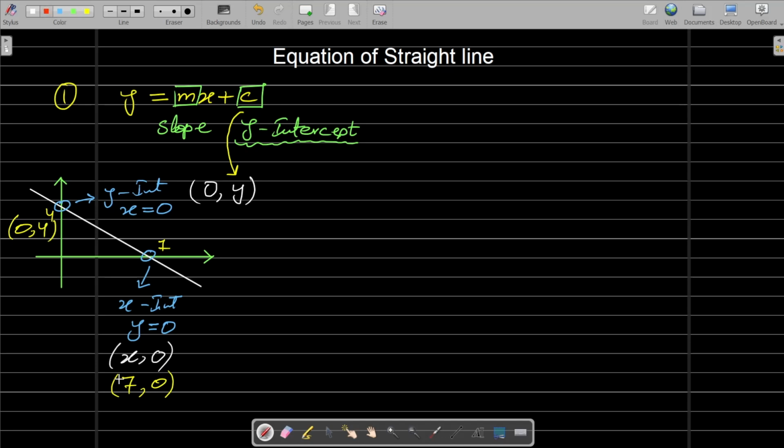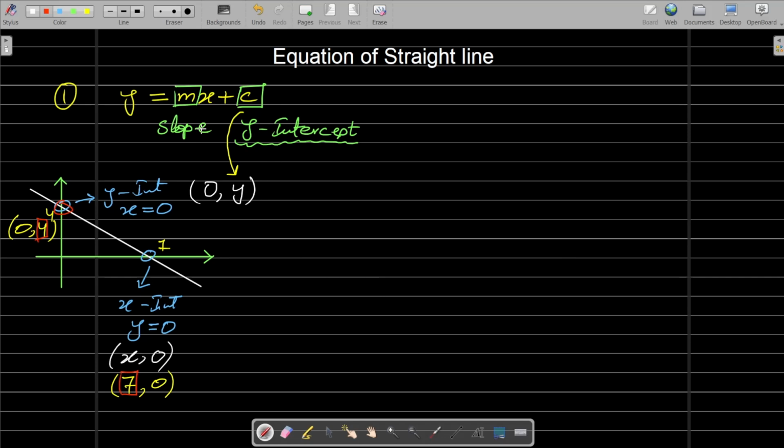So 7 is my x-intercept, and this complete pair is the coordinates of this point right here, and this is my y-intercept. So this was the whole idea of x-intercept and y-intercept.